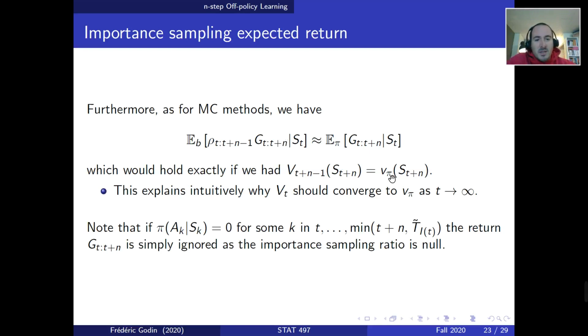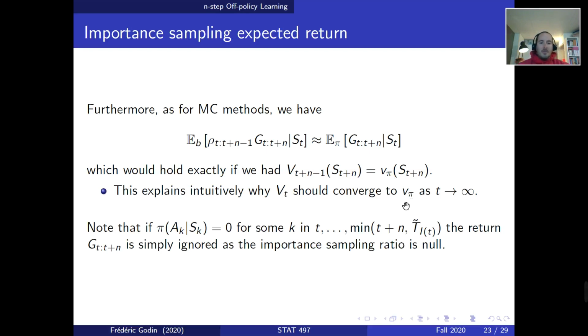But because we use this bootstrapping term, where we have an approximation, this relationship is not exactly true, it's an approximation. Nevertheless, we hope that this approximation is very good. The larger n is, the less reliance on this bootstrapping term we have because of discounting, so the less bias we would have. For that reason, this almost equality justifies why the value function estimate should converge to the true value function here as t goes to infinity.